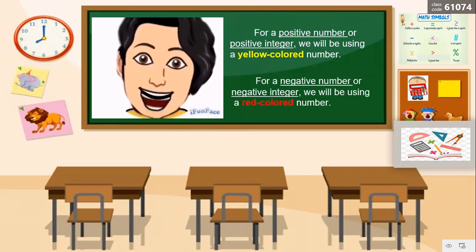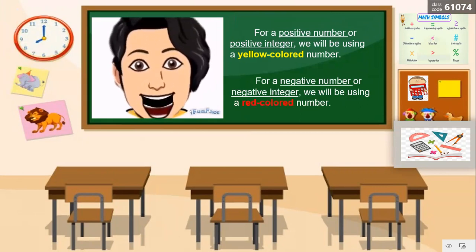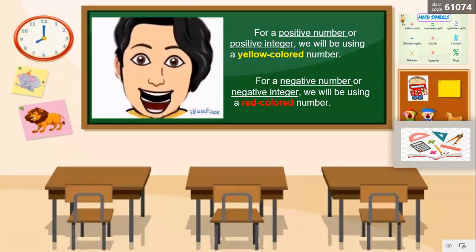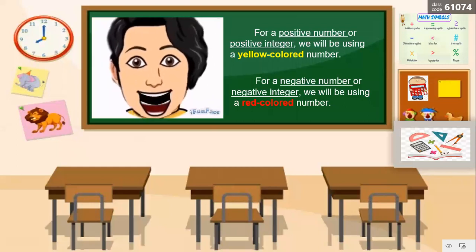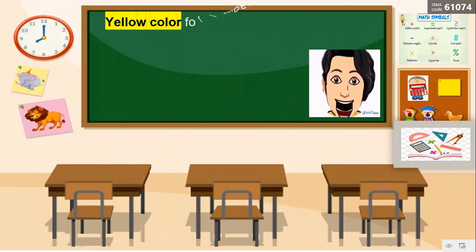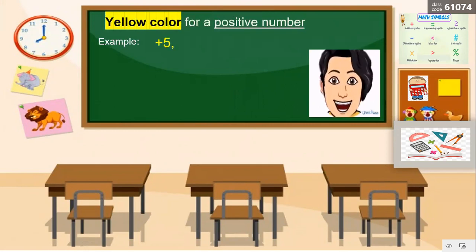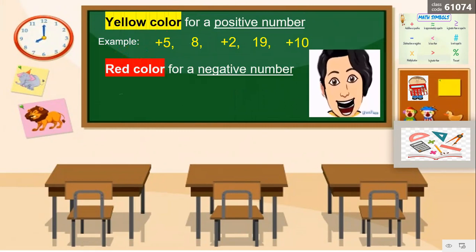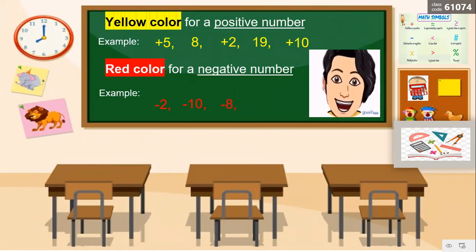For a negative number or negative integer, we will be using a red-colored number. As I mentioned a while ago, yellow color for a positive number, example 5, 8, 2, 19, and 10. Red color for a negative number, example negative 2, negative 10, negative 8, negative 5, and negative 19.